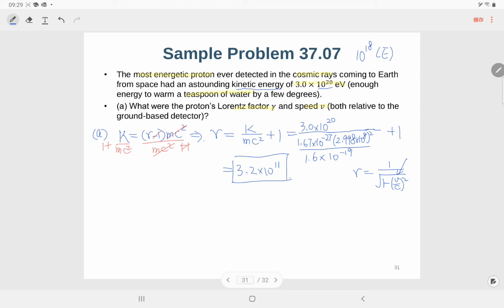So actually, we use gamma equals 1 over the square root of 1 minus beta squared, and then it will be 1 plus beta times 1 minus beta.